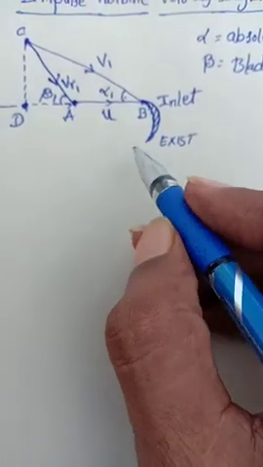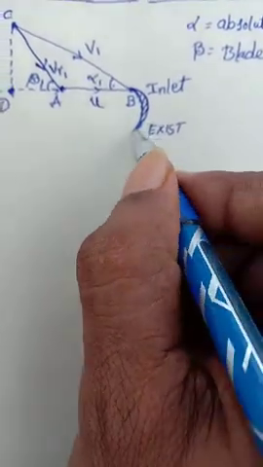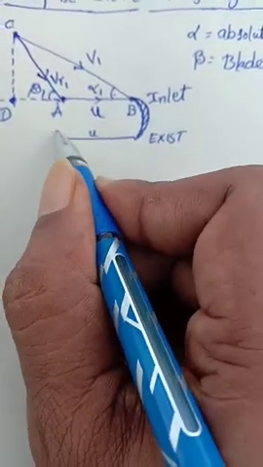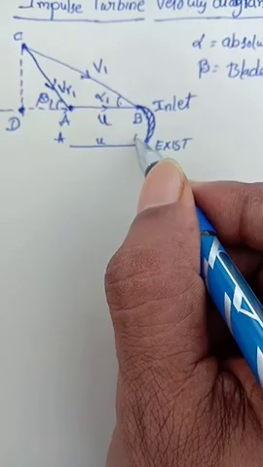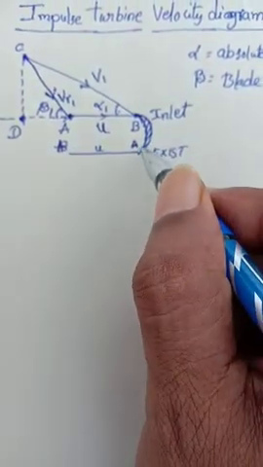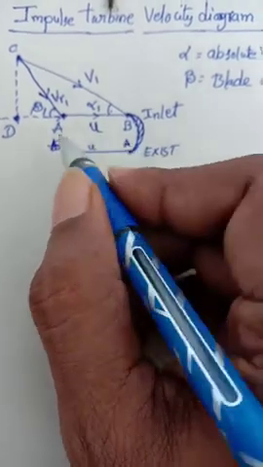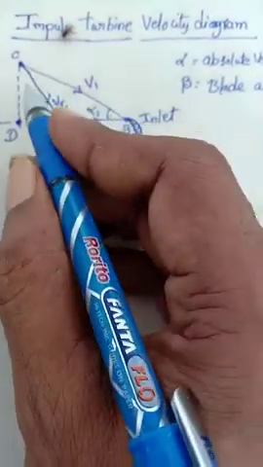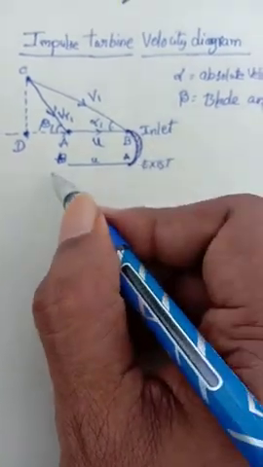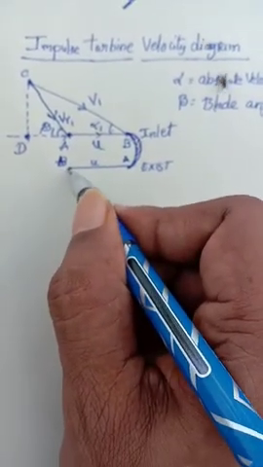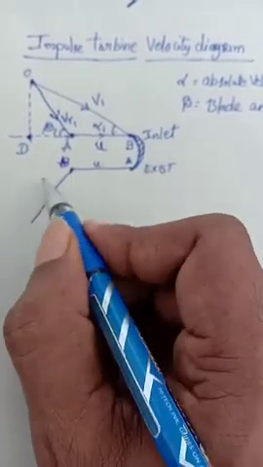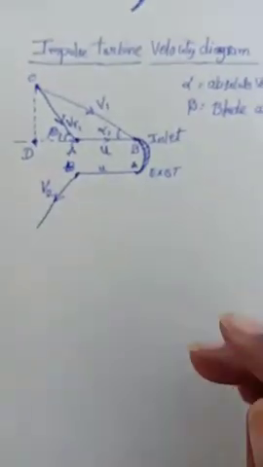Now then here exit, similarly I draw same thing, blade velocity A. Now this is A and now this is B. Why? Because here the relative velocity, absolute flow velocity, it will come and here it will go like this. Now this is V2.